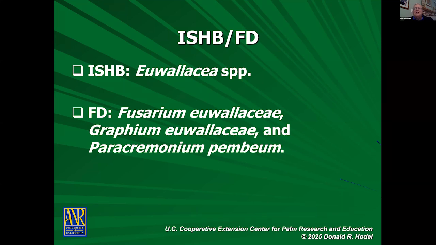It used to be just shot hole borer, and now it's called the invasive shot hole borer because it's three borers lumped together that are doing this damage and spreading the Fusarium disease, that complex of pathogenic fungi, including Fusarium, Graphium, and Paracremonium.